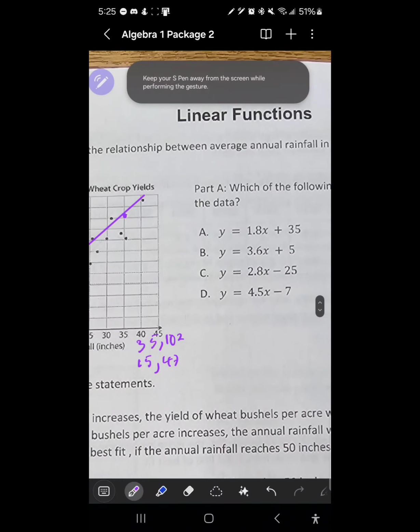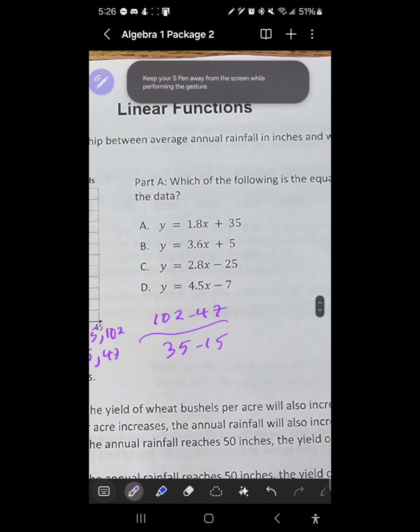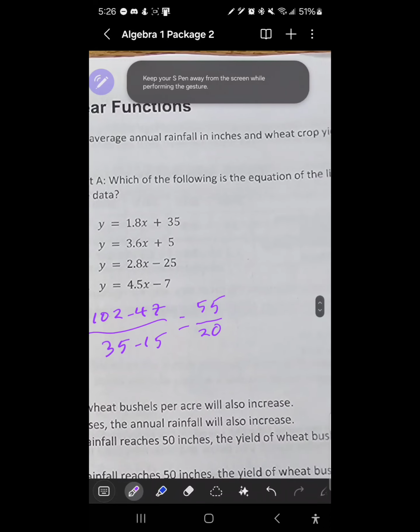So 102 minus 47 over 35 minus 15. 102 minus 47 is 55. 35 minus 15 is 20.